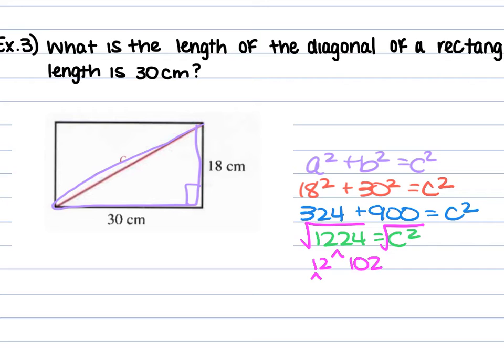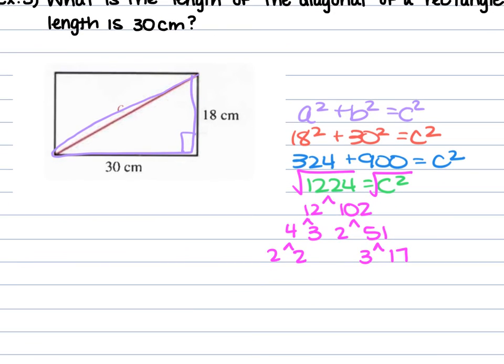So the 12 is 4 and 3, the 4 is 2 and 2. The 102 is 2 and 51. The 51 is 3 and 17. So prime factorization of this: 2 times 2 times 2 times 3 times 3 times 17.